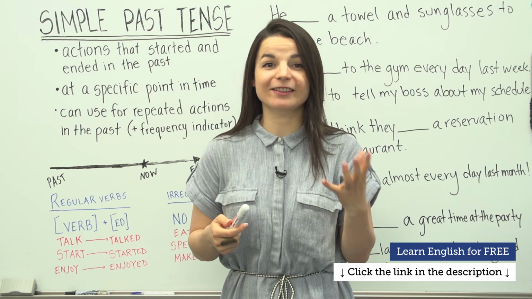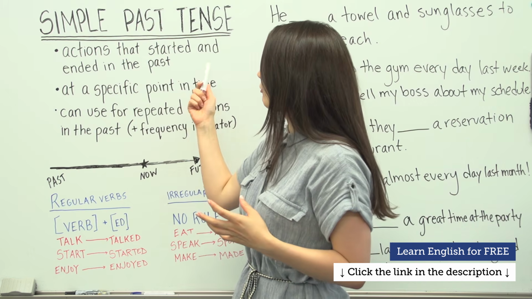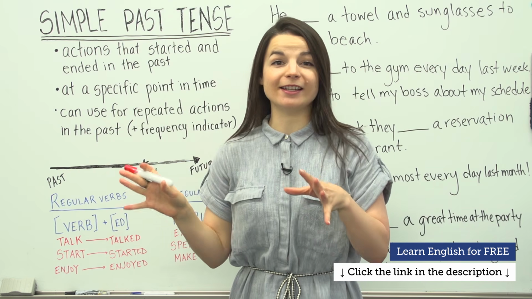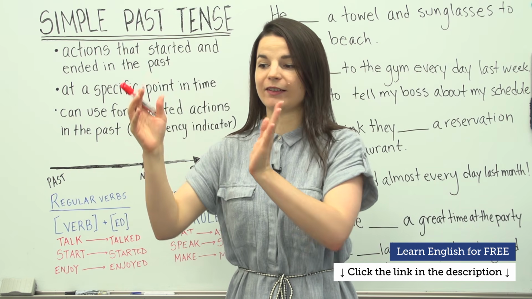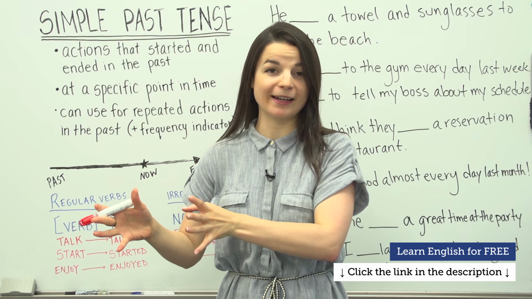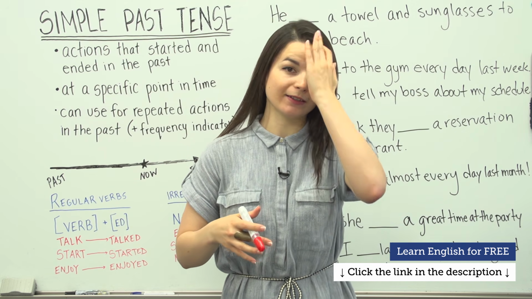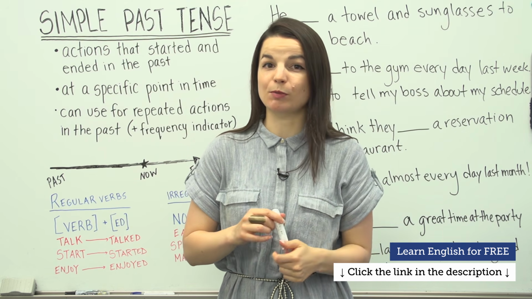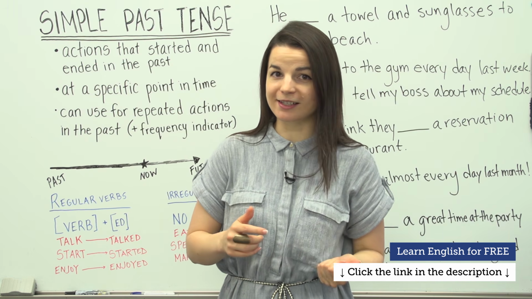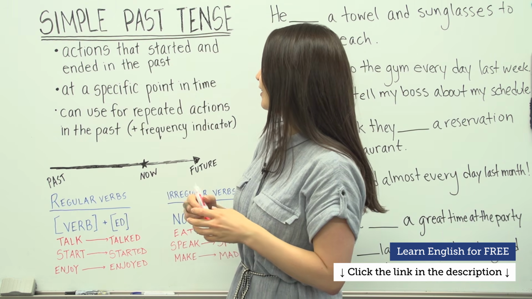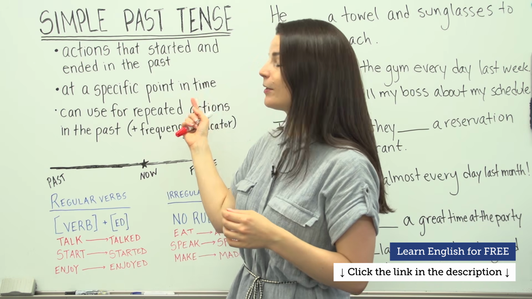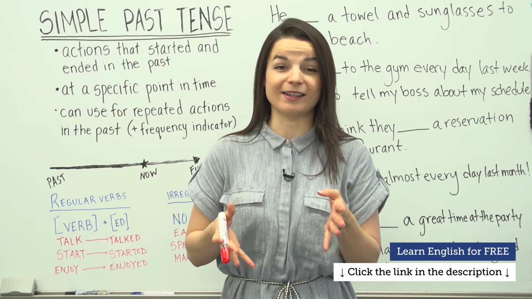Simple past tense statements for today are for actions that started and ended in the past. So these are things that both started or began and ended in the past. Both of those must be true to use simple past tense. The second point for today is these are actions which happened at a specific point in time.